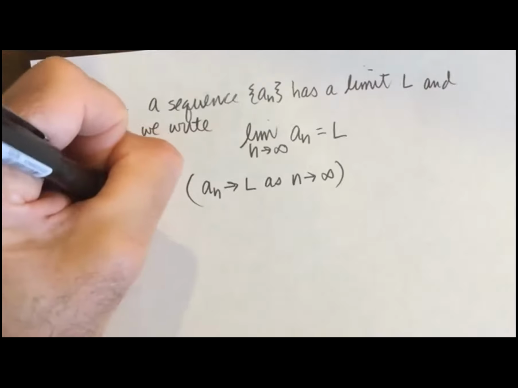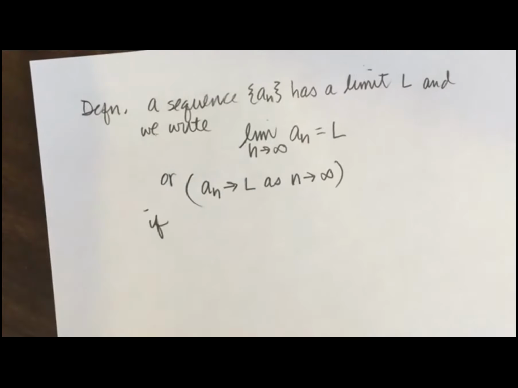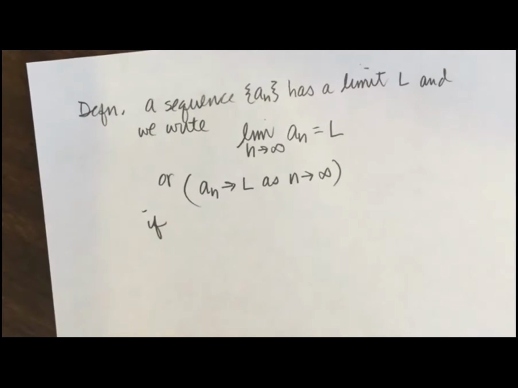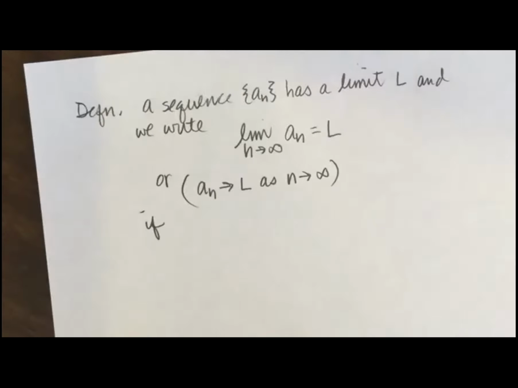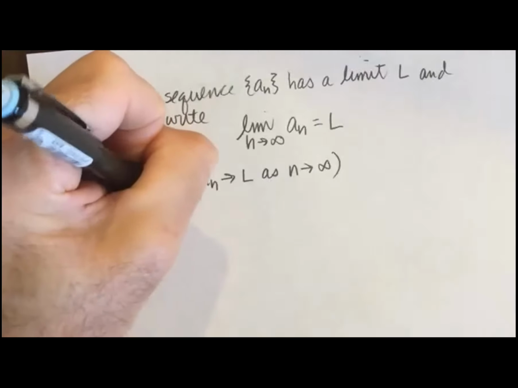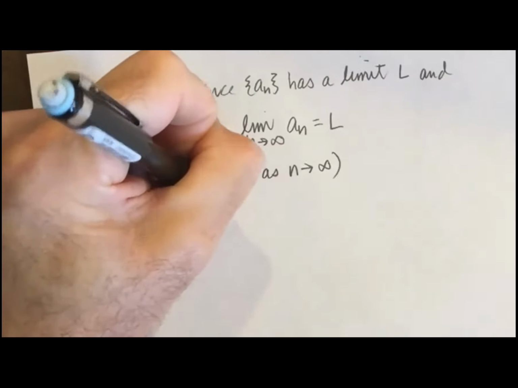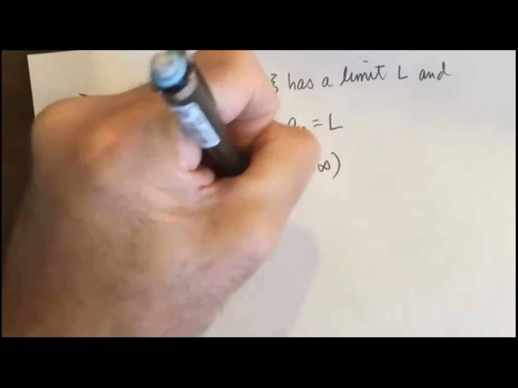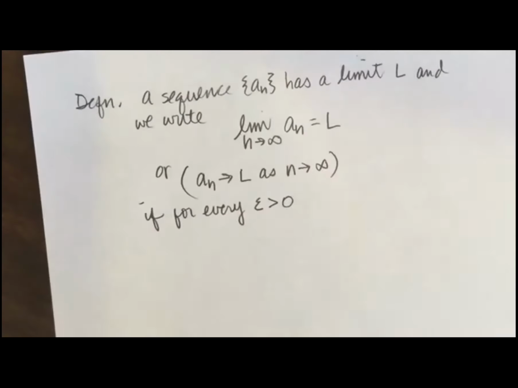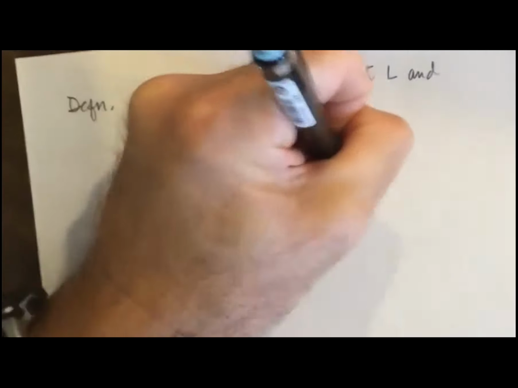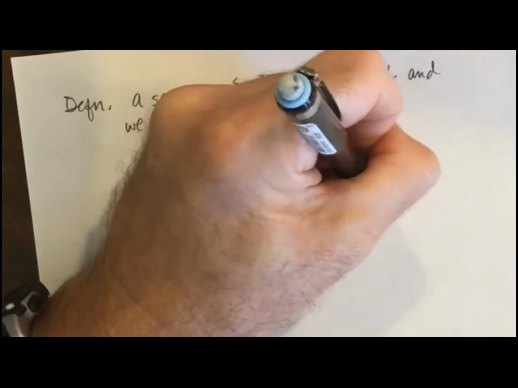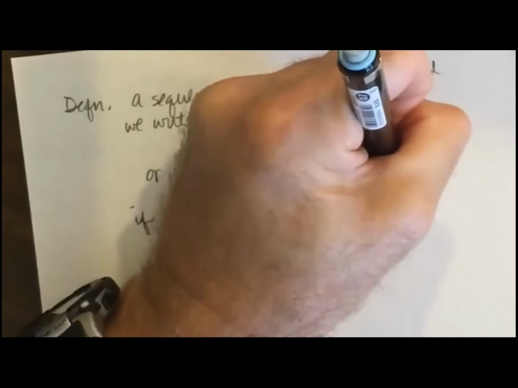Okay, if, okay, if what? You're going to love this part. It's going to sound familiar. If for every small number, say epsilon greater than 0, there exists some number in the natural numbers.